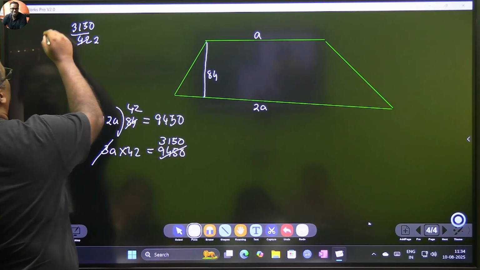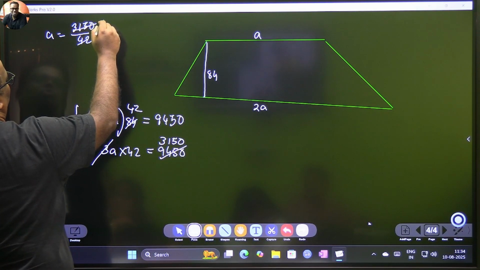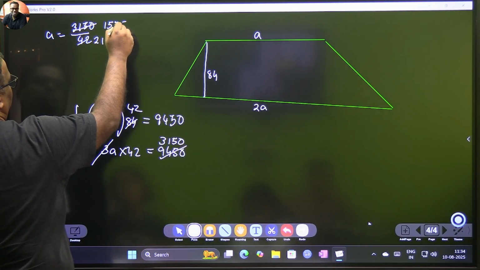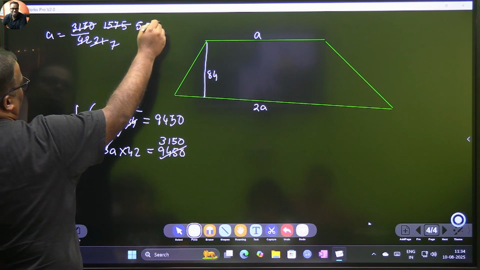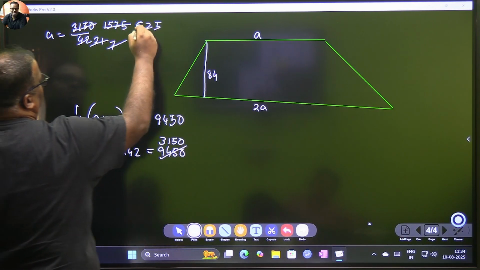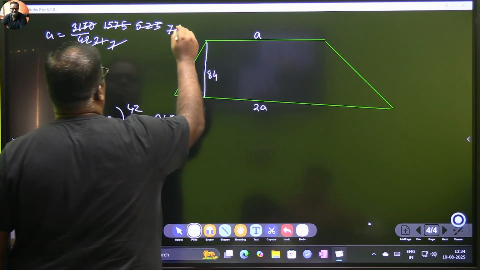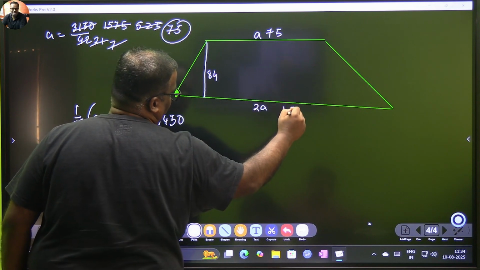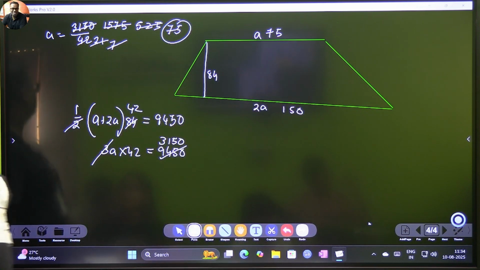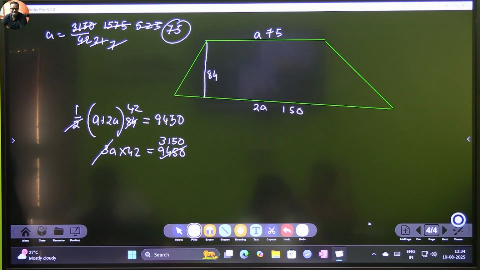This is how much? 21. 3 7s are 21, 3 5s are 15, 3 2s are 6. 7 7s are 49, 7 5s are 35. This is 75, this is 150. Did you understand? That's very good.